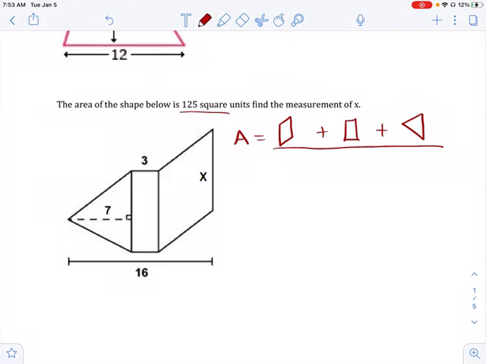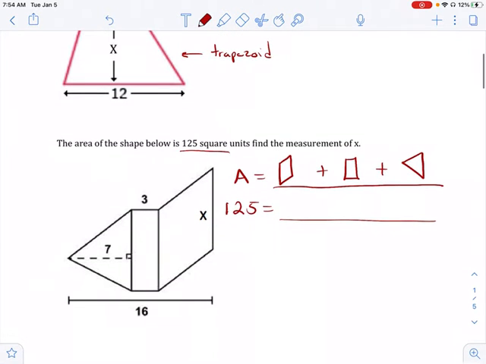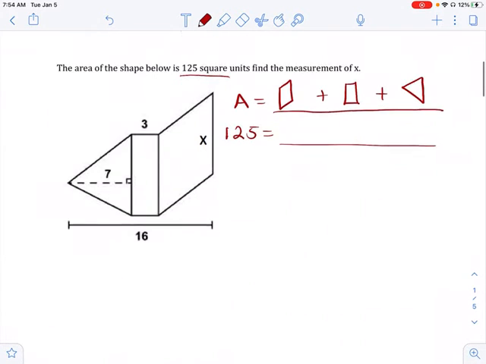Because I know that the area is 125, I should be able to use that equation, where the only missing component should be x, and then I can figure out that missing dimension. So also give that one a try. If you can succeed in doing both of these, then you're right where we need to be in terms of understanding area and solving for missing components. So they're a pretty good test of sorts.